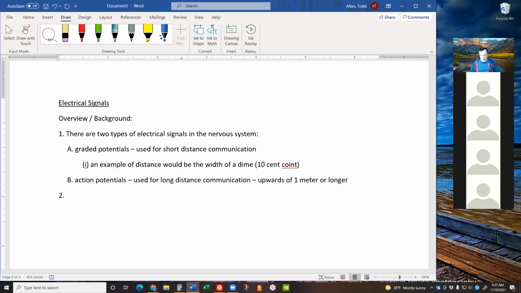Okay, so let's see here. I'll give you 2 more ideas, then we'll get a video rolling. Remember, when an electrical signal is generated in the nervous system, we call it a nerve impulse. But when it's generated in a muscle fiber, it's called a muscle impulse.